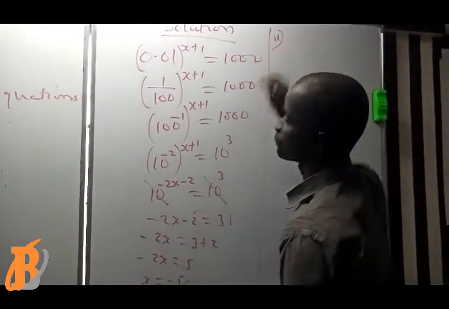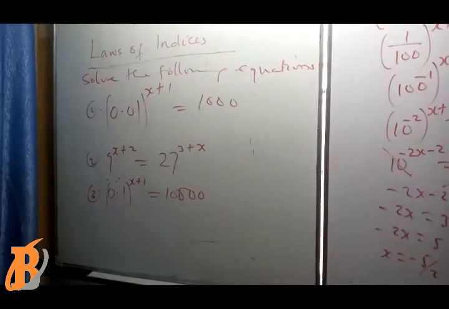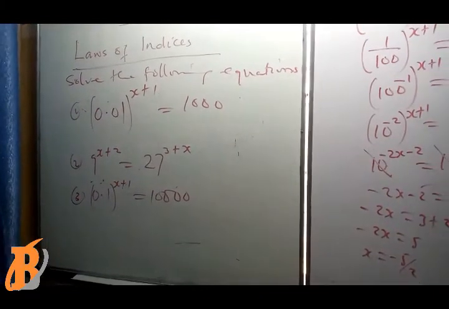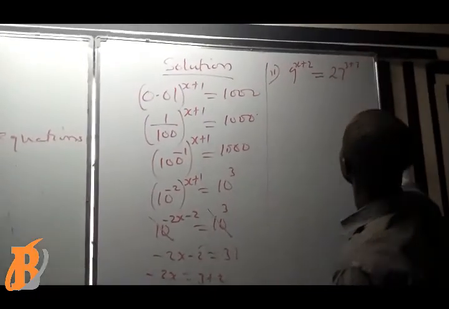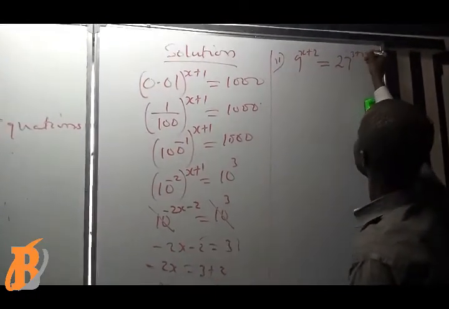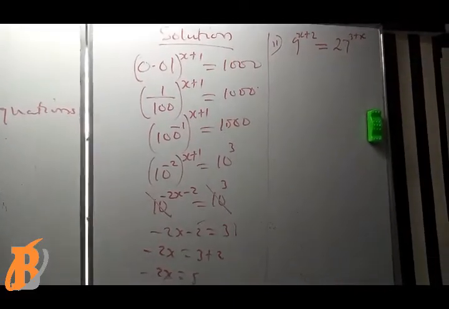You have 9 raised to power x plus 2 equal to 27 to the power of 3 plus x. Now let's represent the base in terms of 3.